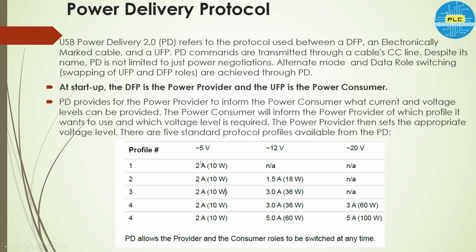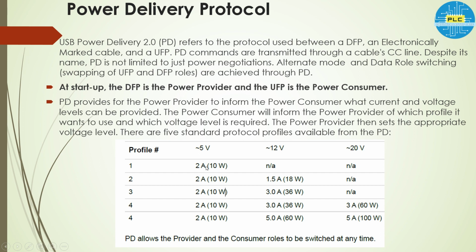Next, if you want 5 volts, it's 2 amps, 10 watt. Then 3 amps, 36 watt. Here 20 volts started. See, a 20 volts adapter, 3 amps current it will carry. It means 60 watt. One more is 2 amps.